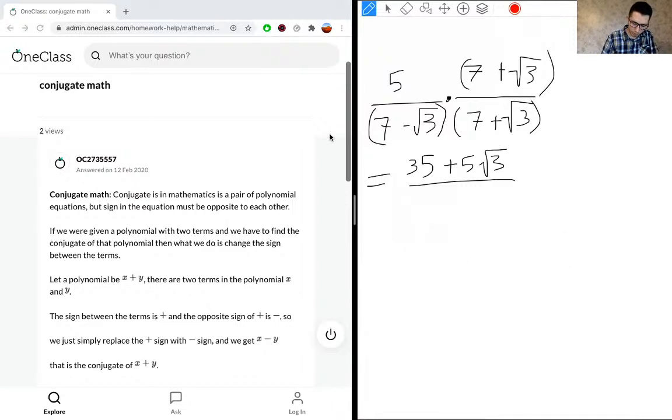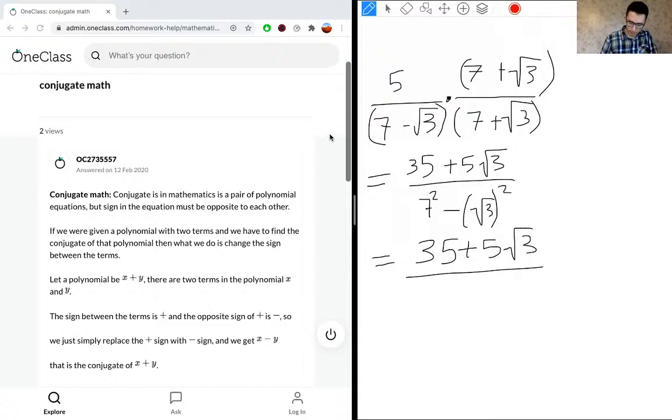So we know it will be 7 squared minus square root 3 squared. And then this will give us 35 plus 5 square root 3, and we have 49 minus 3. So square root 3 squared is just 3.